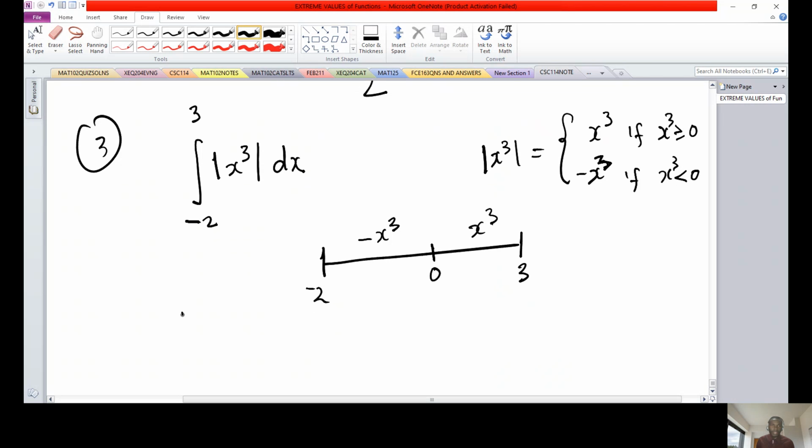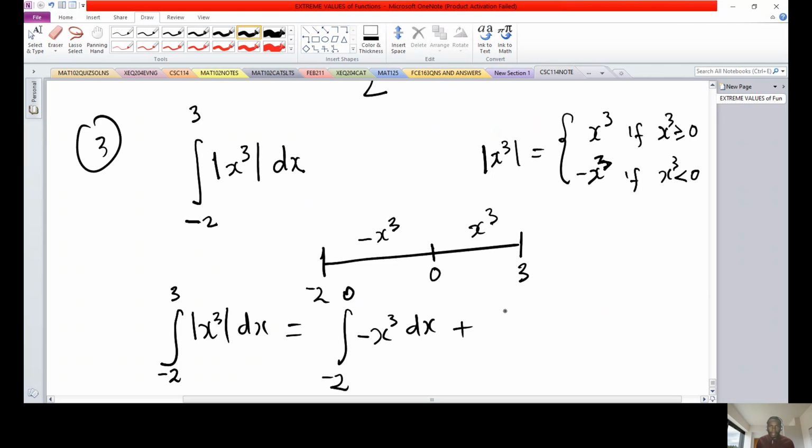So therefore you write the integral from -2 to 3 of |x cubed| dx will be given by the integral from -2 to 0, and the function here will be -x cubed dx, plus the integral from 0 to 3 of x cubed dx.